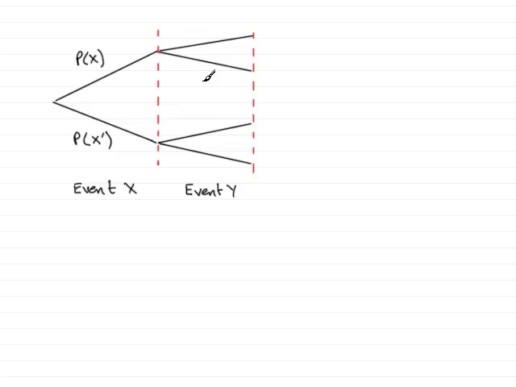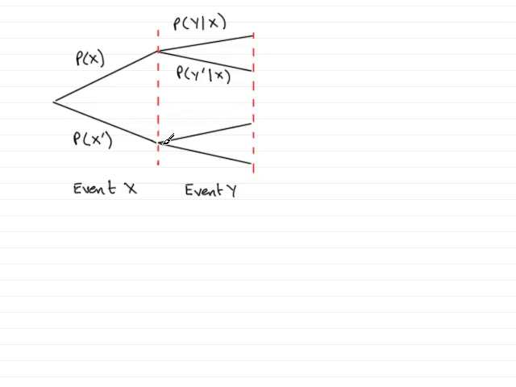And then for our event Y, we're going to find that either Y happens or it doesn't happen. But it's dependent, say, on the previous event happening. So we'd write this, the probability of Y given that X has just happened. And then this would be the probability that Y doesn't happen given that X previously happened.